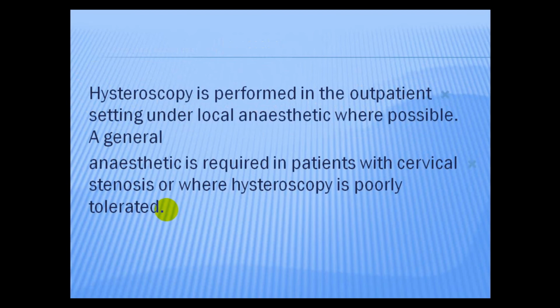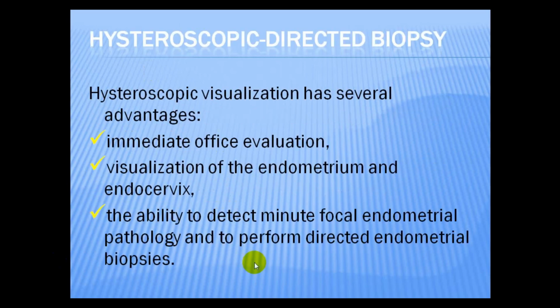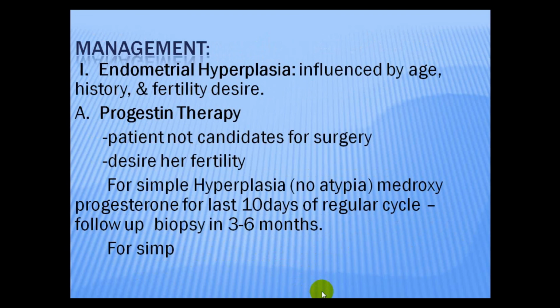GA is required in patients with cervical stenosis or where hysteroscopy is poorly tolerated and difficult to insert. Hysteroscopy, what is the benefit? Visualization has several advantages: immediate office evaluation, visualization of the endometrium and endocervix, ability to detect minute focal endometrial pathology, and to perform direct endometrial biopsy.